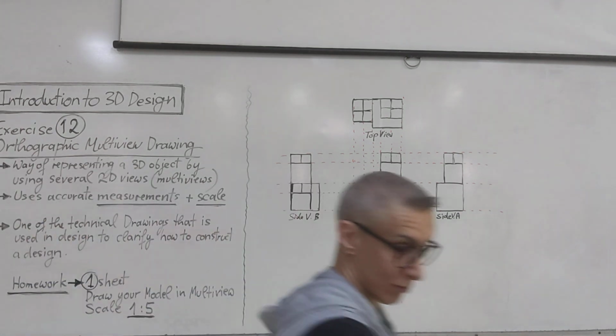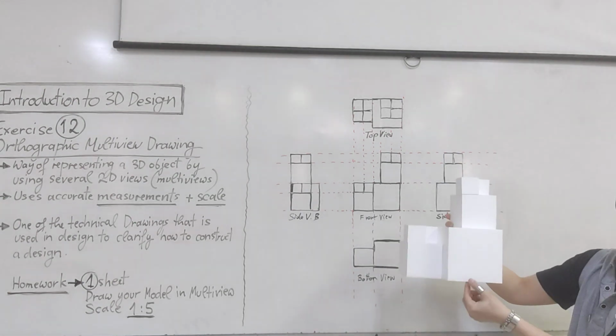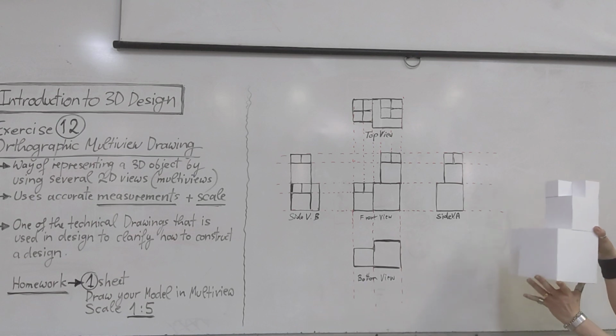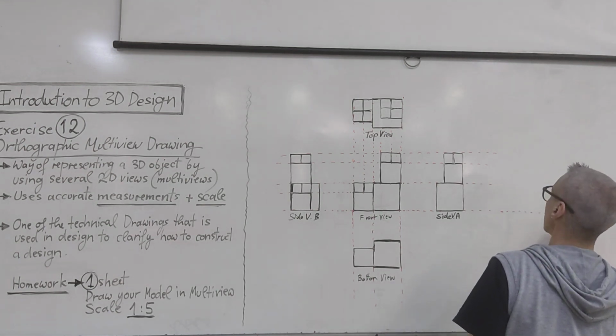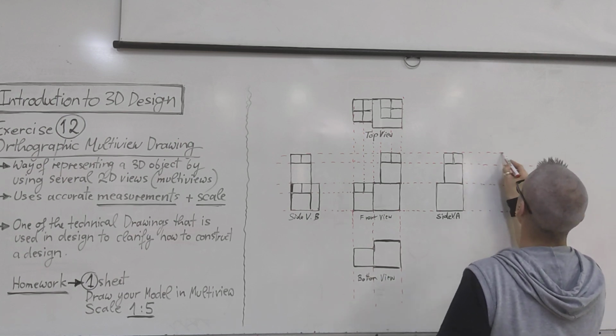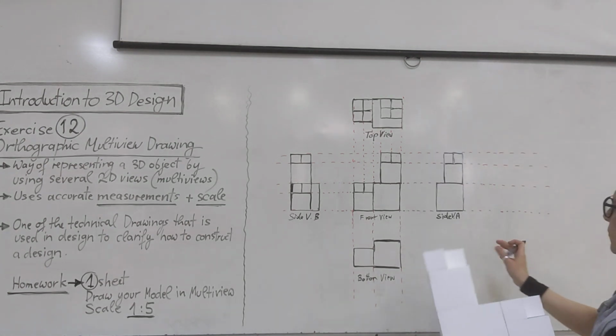Now, the back view. Where is the back view? Okay, so go back to the front view, the side view, this side view, the back view. The back view will be located here. Okay, so this is the back view.